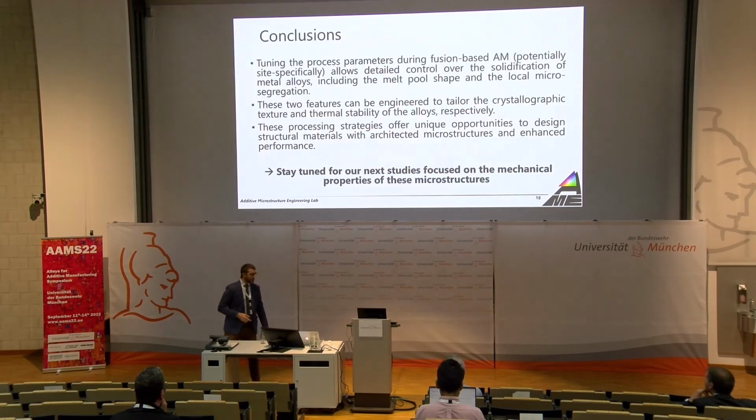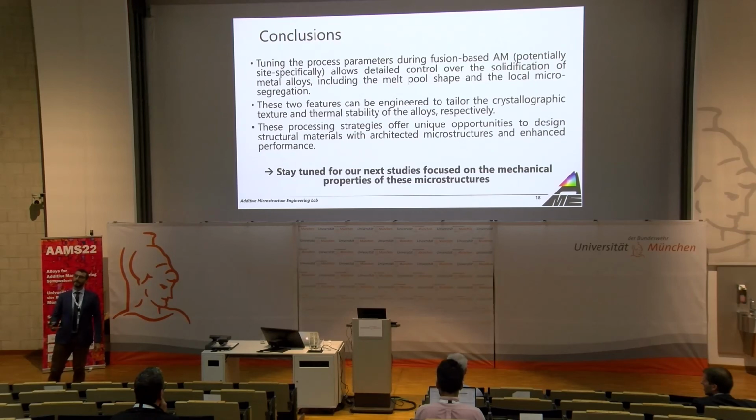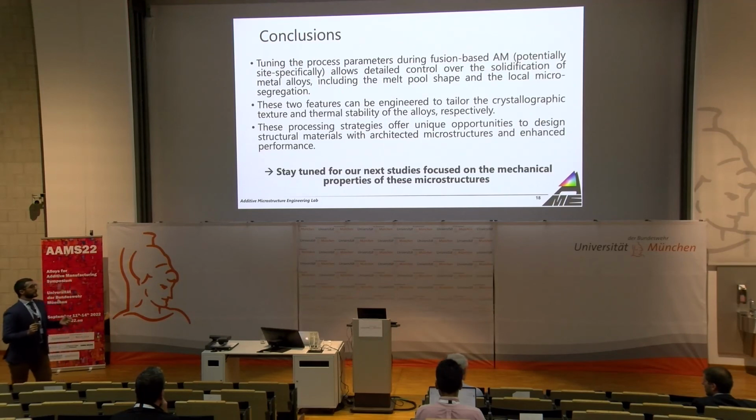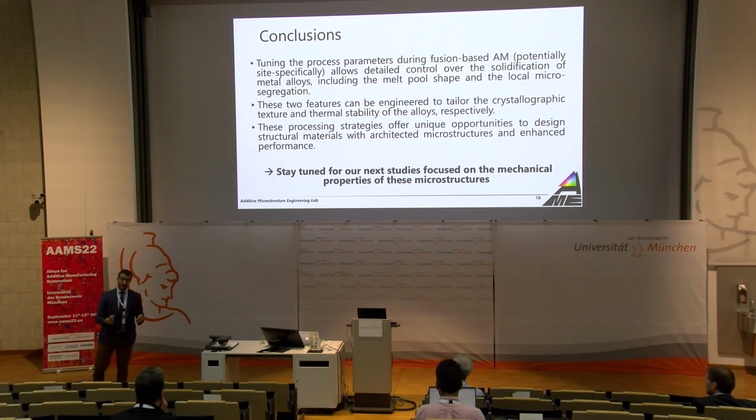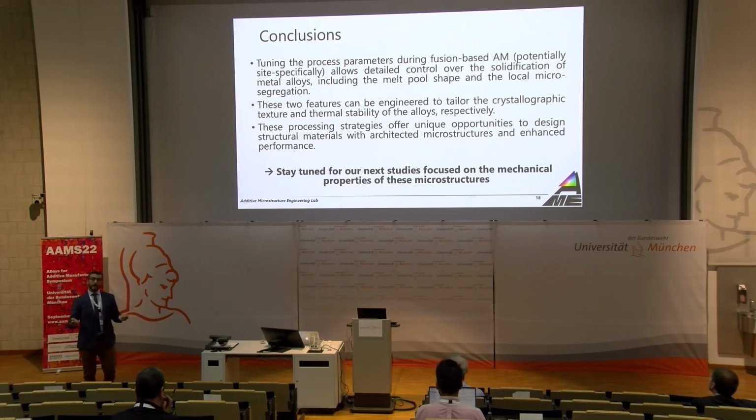Right. So that brings me already to the conclusions of my talk. Here I just want to reiterate what I told you at the beginning. So the idea is that if we figure out intelligent ways to control the melt pool and solidification of the alloy at the melt pool level, for instance, melt pool geometry and microsegregation, which are the two things that I showed you today, we might be able to have additional knobs to control the microstructure of the materials that we make by AM.